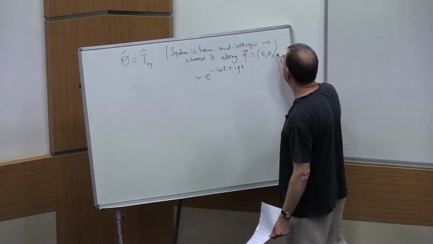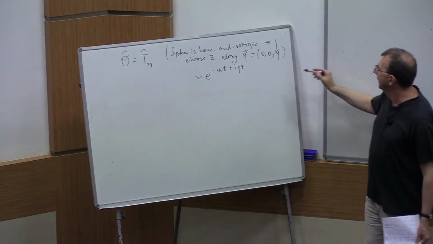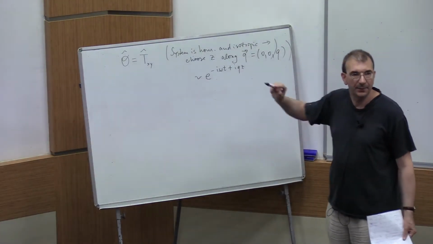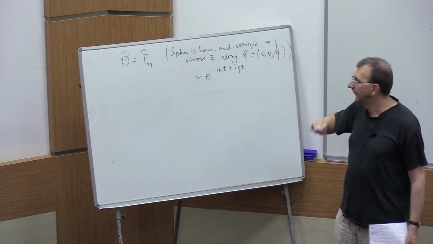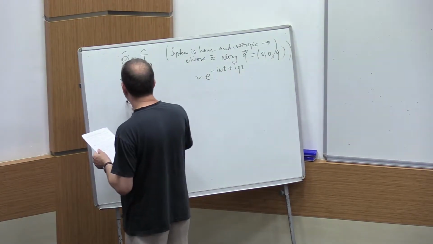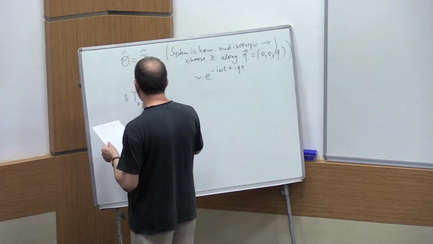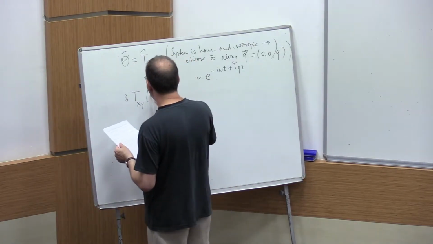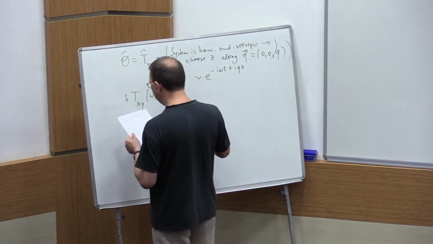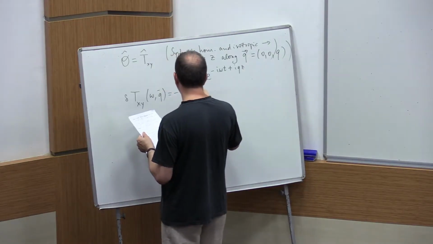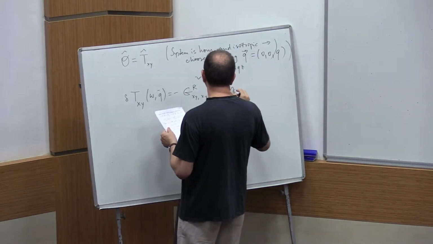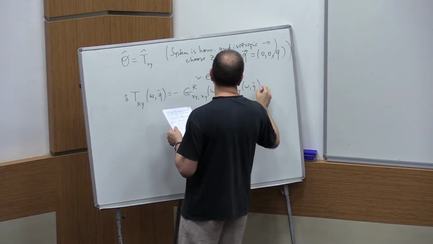So it will be (0, 0, q), like this. These are notations which I'm going to use in the rest of this lecture. All right. Any questions about what we are doing? Right. So what I'm about to write down is the expression for the change in the expectation value of the operator O under the perturbation.